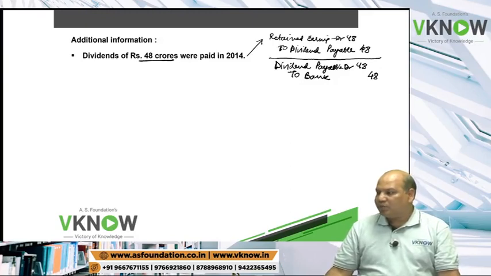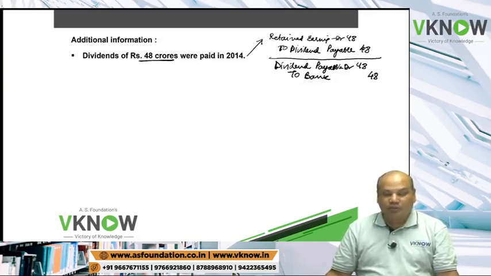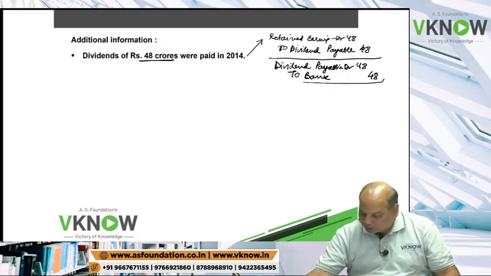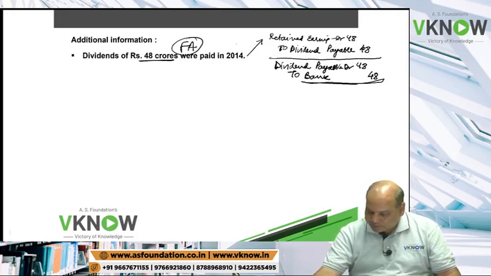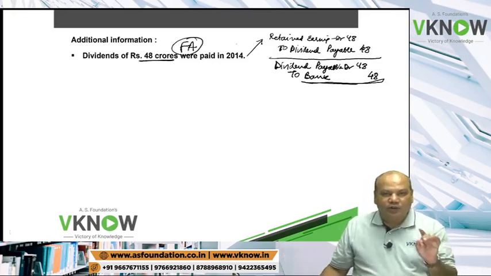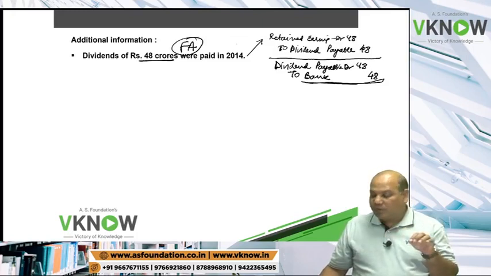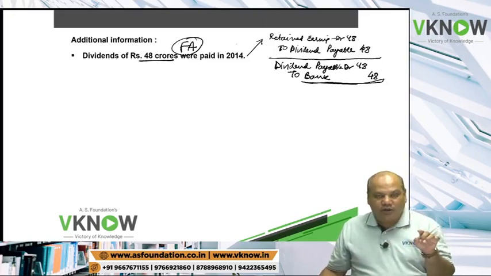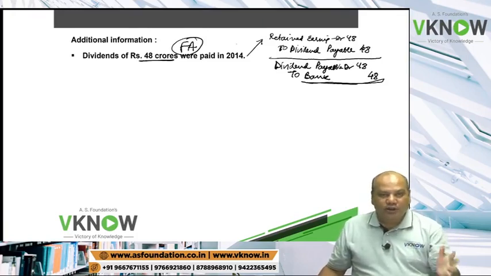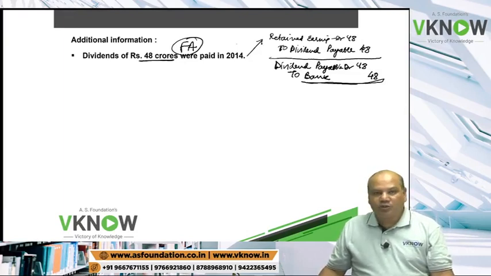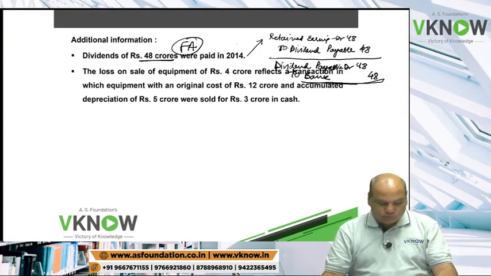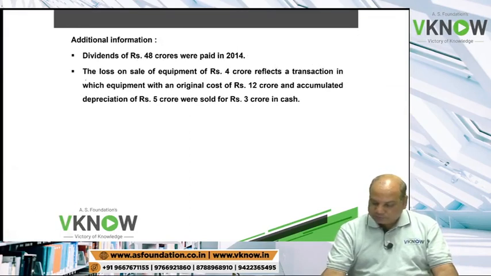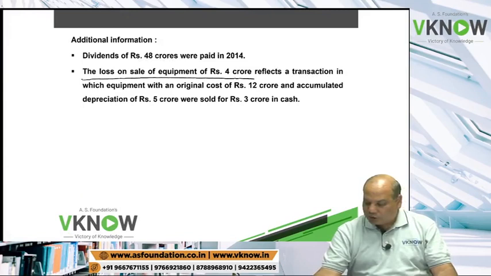It means it has been paid. Because it is paid, it is not appearing in the balance sheet. So dividend paid will come in financing activity. This you will write in financing activity. And if you are preparing a working note for the retained earnings account, then on the debit side of retained earnings, you will write dividend payable.